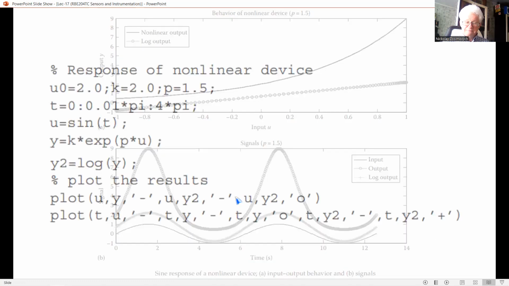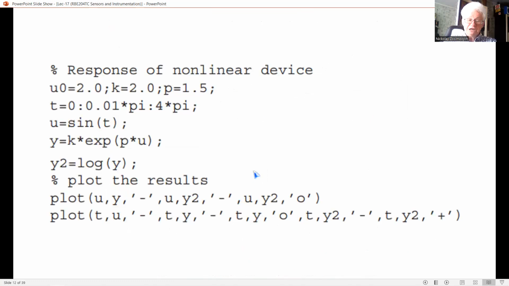It is seen that the actual nonlinear function considerably distorts the sine signal, while using a logarithm scale for the output can conveniently and accurately linearize the behavior, giving an undistorted output.